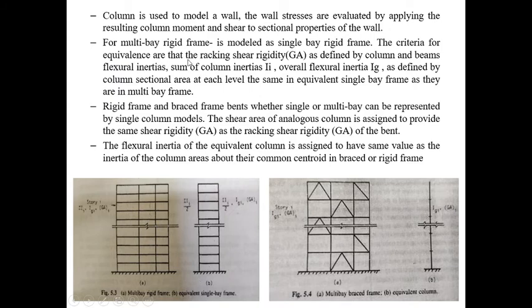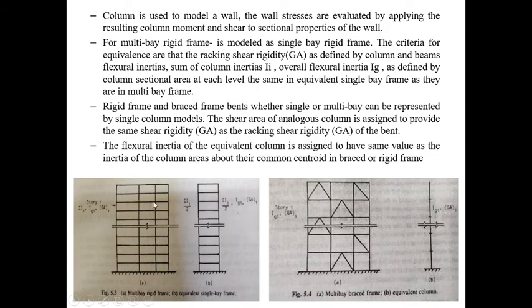The equivalents are that the shear rigidity, that is the racking rigidity of all the different stories as defined by the columns and the beams, the flexural inertias, that is the I value, the column inertias, that is the summation of capital I small I, the overall flexural inertia, that is IG, where G represents the overall flexural inertia, and the column sectional area at each level are the same as the equivalent single bay frame.